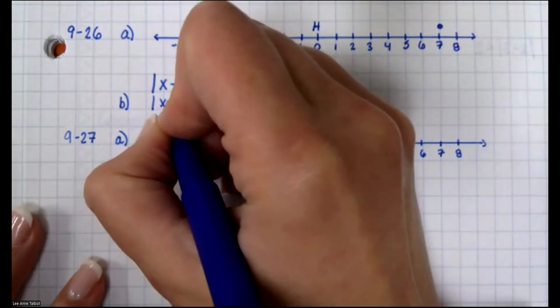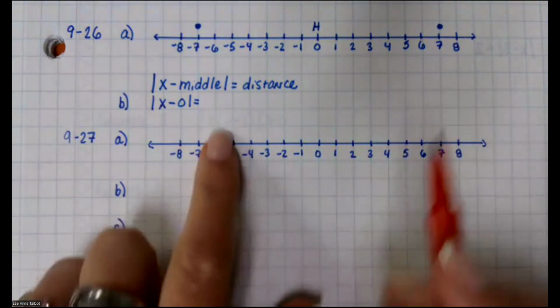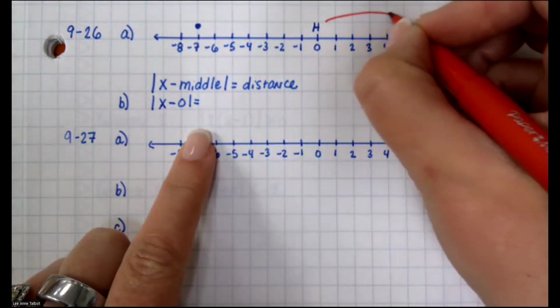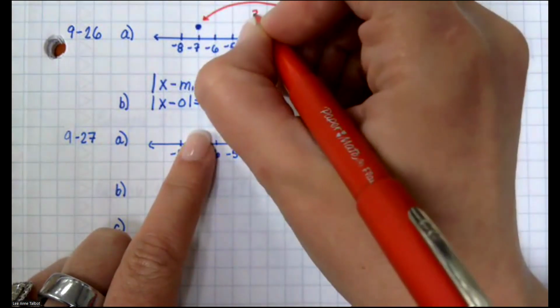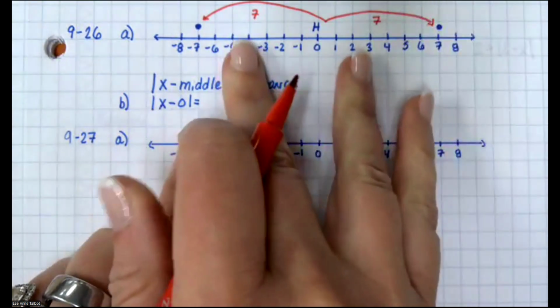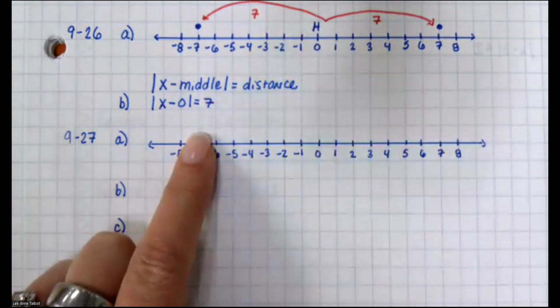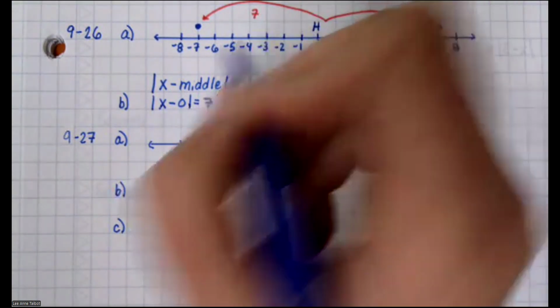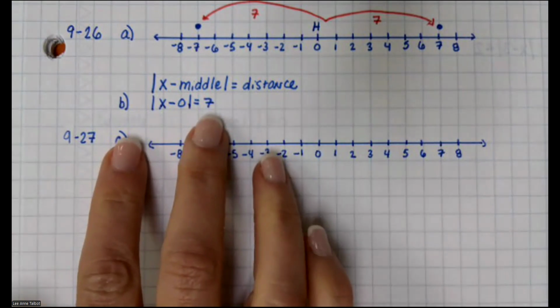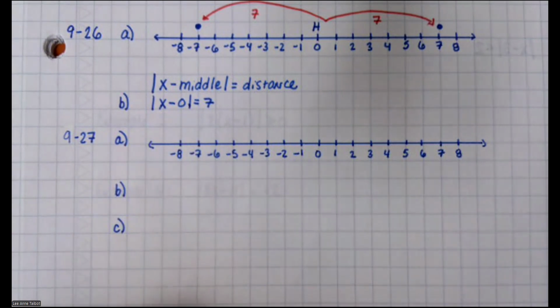So x minus 0 equals, and when it says distance, it means this distance, which is 7 on both sides. So 7. So when I read this, I read Henry is 7 miles away from 0. I just don't know on which side.